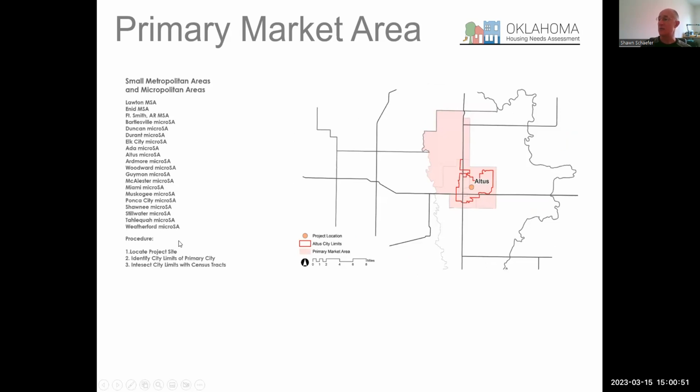And so, again, what you do is you locate the project site, but then this time we're going to identify the city limits or the limits of the place of the primary city, which that being Altus, of course. Most of these would be very easy to figure out. They're usually designated as the key city to the micropolitan area. And then we intersect that with the census tracts. And so you can see, again, this would be our primary market area.